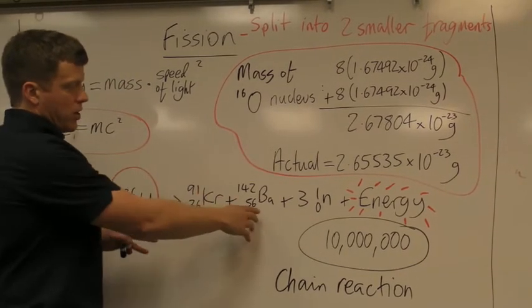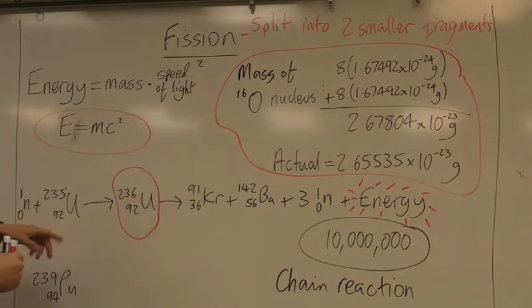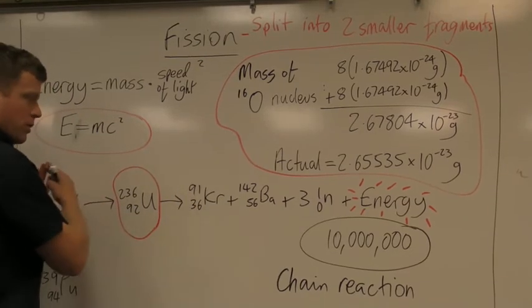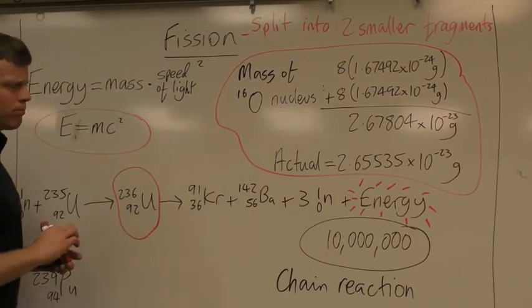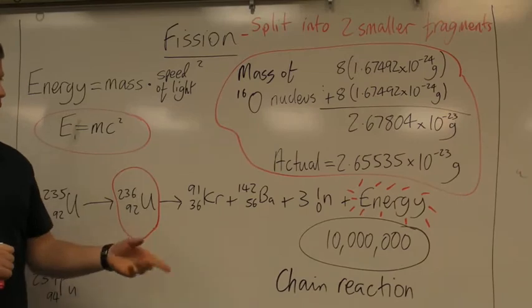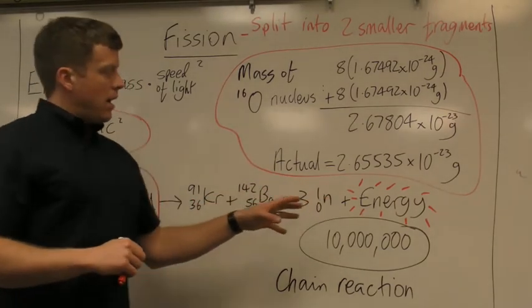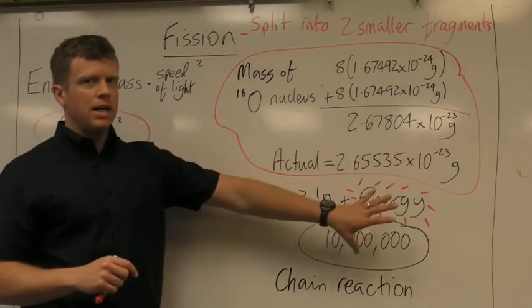But the big benefit of this type of energy is you get the neutrons produced again. So you fire one neutron at this element, and in the nuclear reaction you actually get 3 more neutrons produced. And also this huge amount of energy given out. So in a nuclear power plant, that energy is converted to controlled heat.